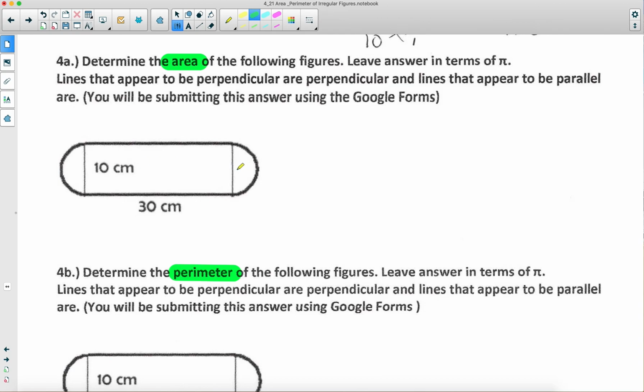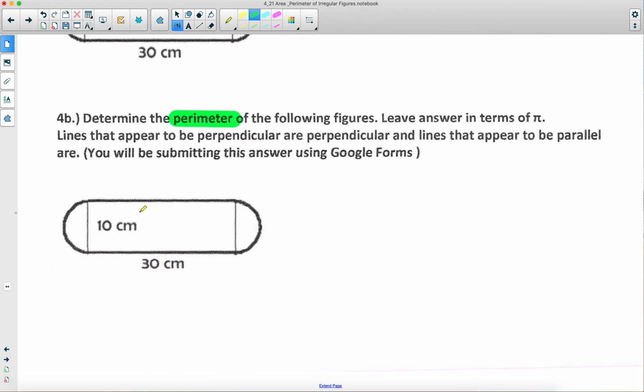So remember what we had said earlier. 2 semicircles, when put together, if they have the same diameter, make up a full circle. So the area here, just to give you a little hint, we have a rectangle plus a full circle. Okay, and then the perimeter, remember, it's just along the outside. It looks like a track here.